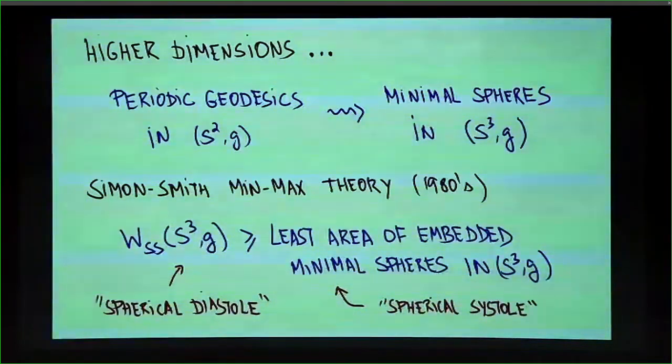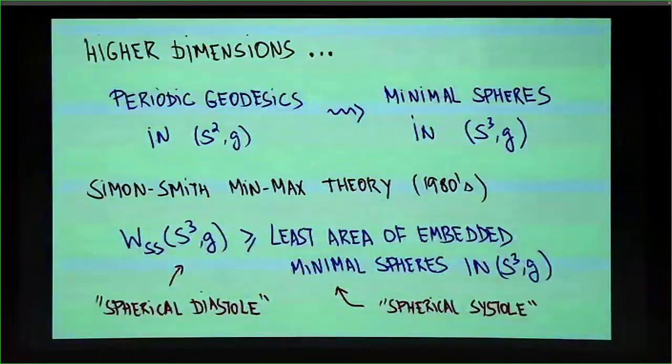In the 80s, Simon and Smith developed a min-max theory, which is an entire analogue of the Birkhoff theory. In this theory, they defined a very similar min-max number. We sweep out S3 by two-dimensional spheres in a similar way to the one that I defined. And they proved that this number is realized as the area of a minimal two-sphere. I mean, not quite as I said, because in higher dimensions you need to take into account multiplicities and maybe connected components.